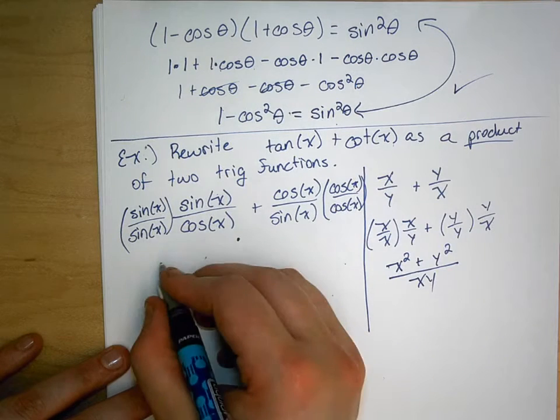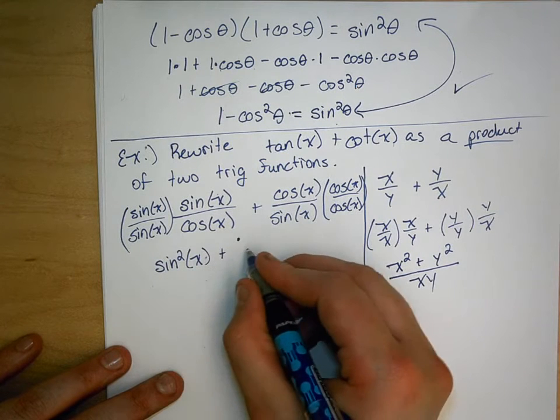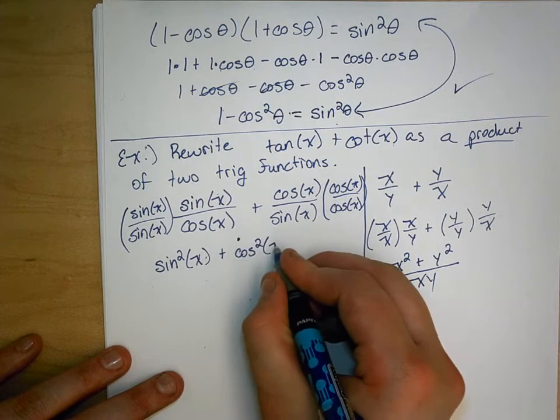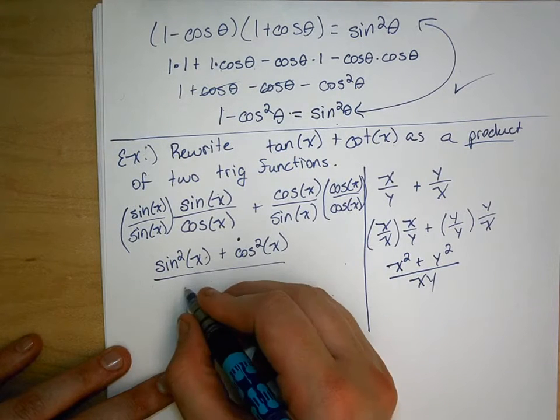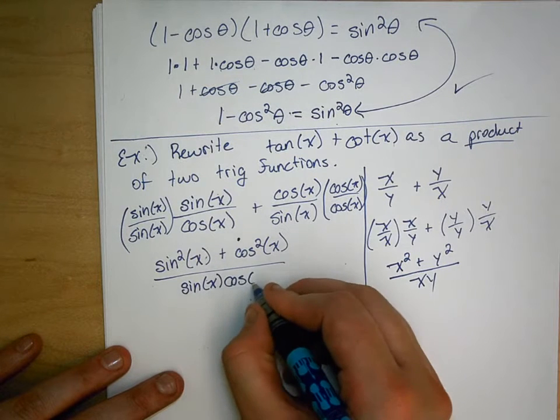Okay, and then I get sine squared x plus cosine squared x all over sine x cosine x.